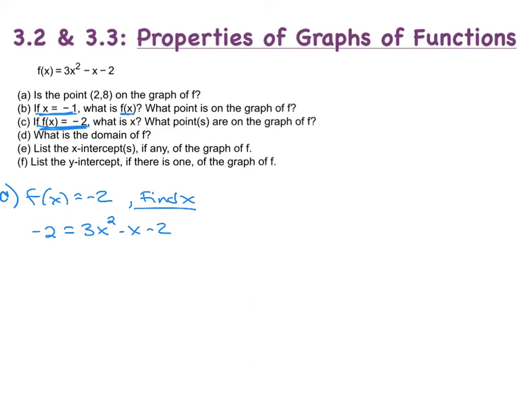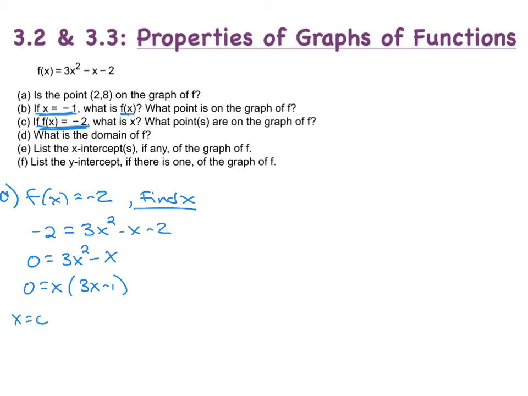Oh, we've got a squared. Let's do some algebra. Let's get 0 on one side. Maybe we can factor. So adding that 2 to both sides gives us 3x squared minus x, and I can factor out an x, greatest common factor, 3x minus 1.